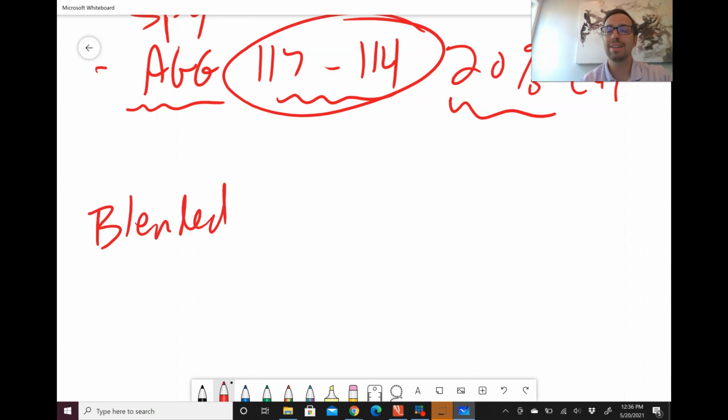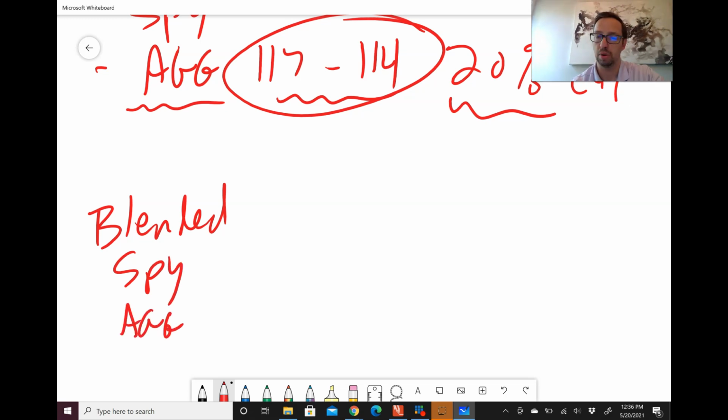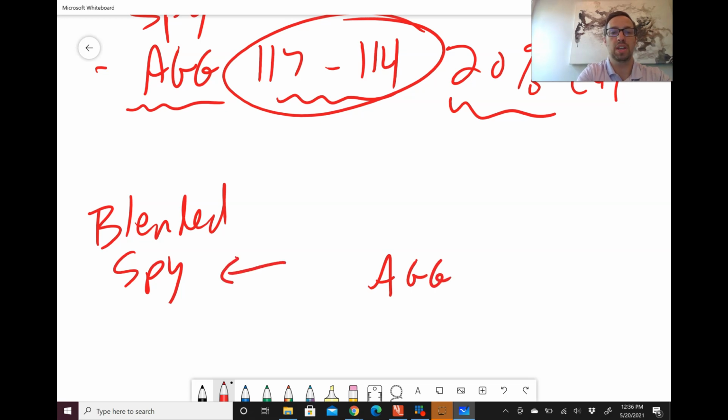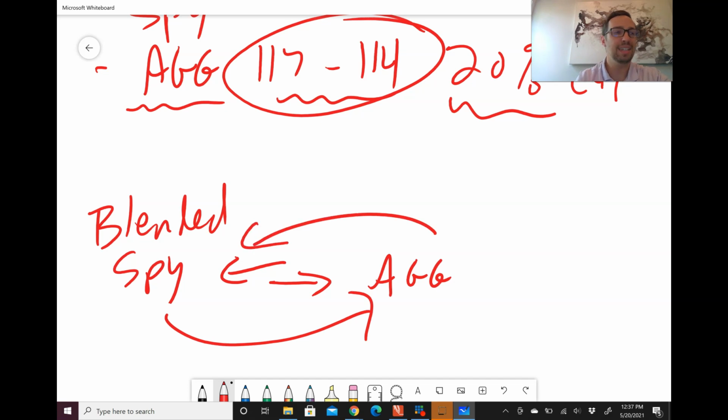Okay, so blended index options where maybe there's an SPY component and maybe there's an AG component. And what they're actually doing is moving money back and forth between the S&P and AG daily based on volatility.